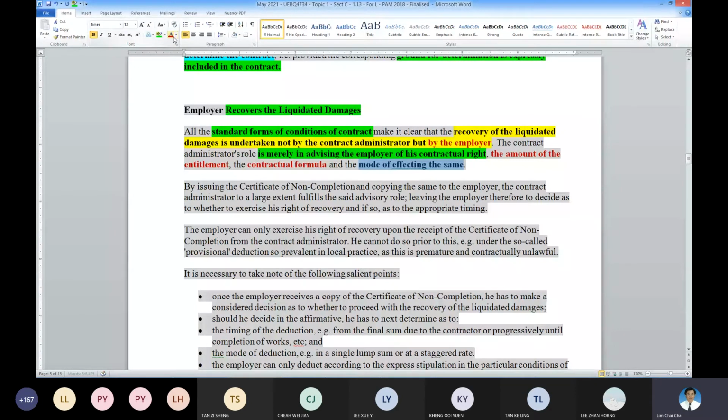It is a private deduction. So by issuing the certificate of non-completion, with a copy to the employer, the contract administrator fulfills the advisory role.